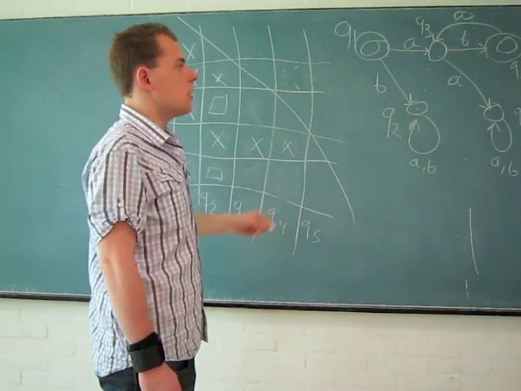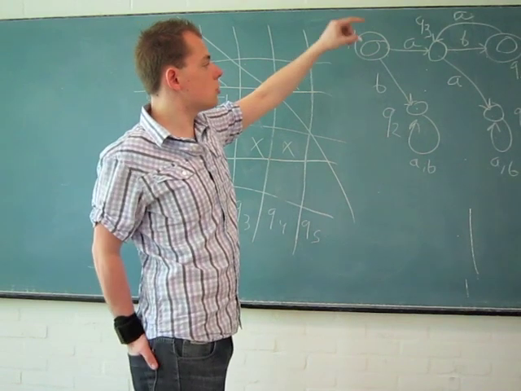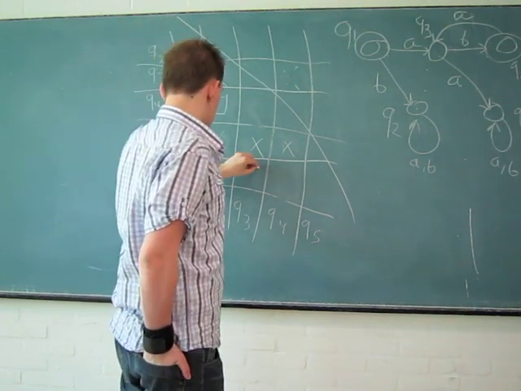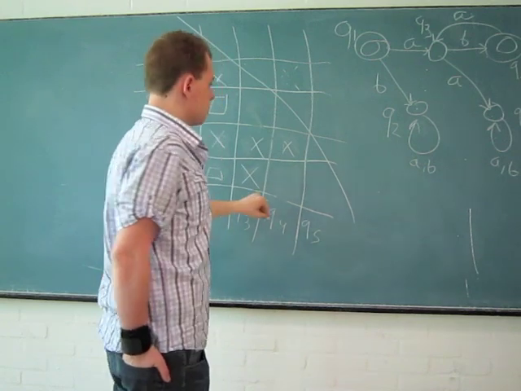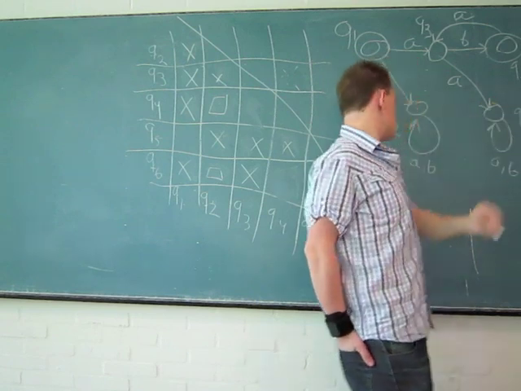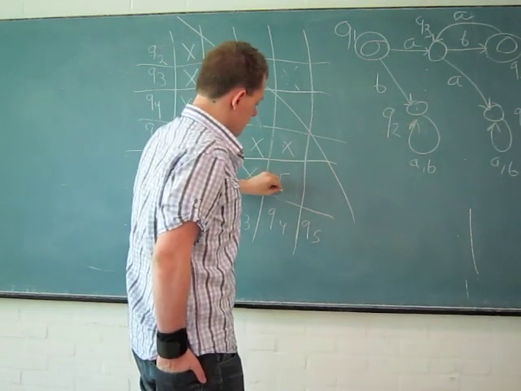Q6 and Q3. Q3 will go to Q5 on a B, Q6 won't, so they are different. Q6 and Q4 both go in circles, so they are the same.